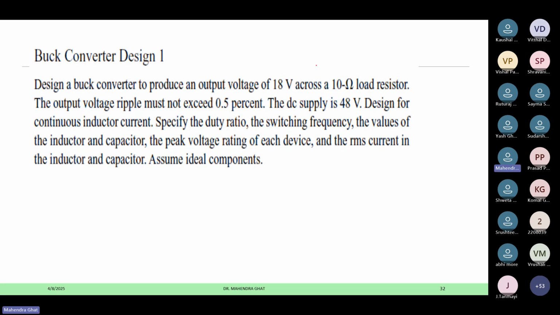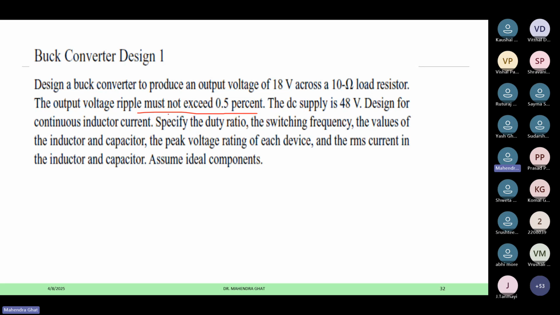So what they have asked is, we have to design a buck converter which will give the output voltage as 18 volt, and the load resistance is 10 ohm. So across 10 ohm we want 18 volt.